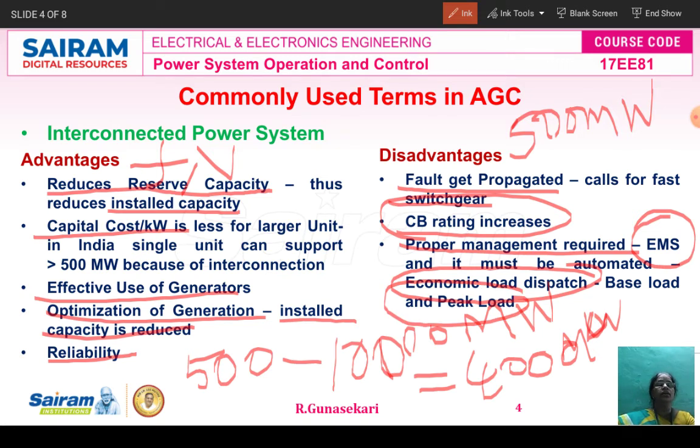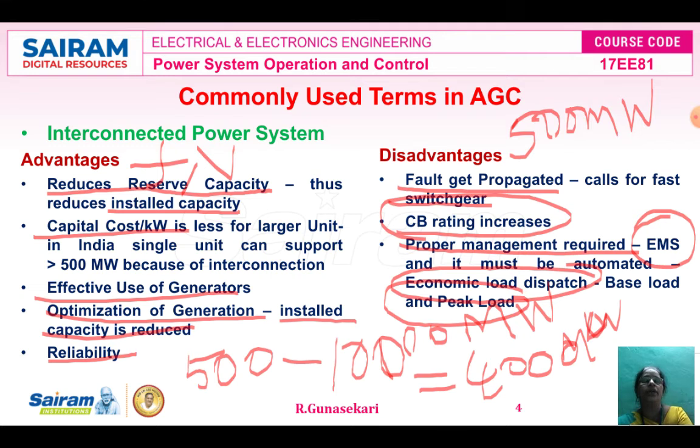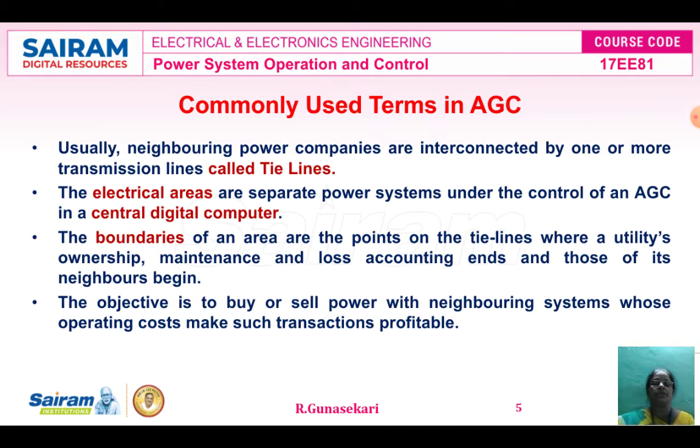These are the requirements, then only we can maintain the interconnected power system. So therefore proper management is required, that is energy management system. So these are the advantages and disadvantages of interconnected power system.